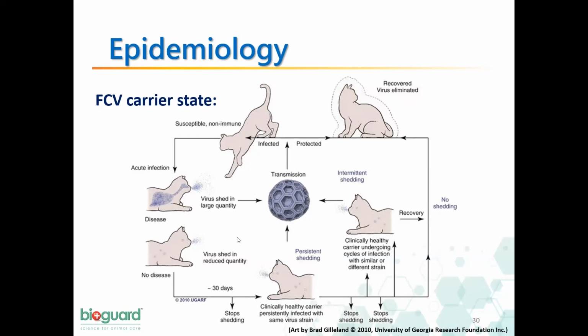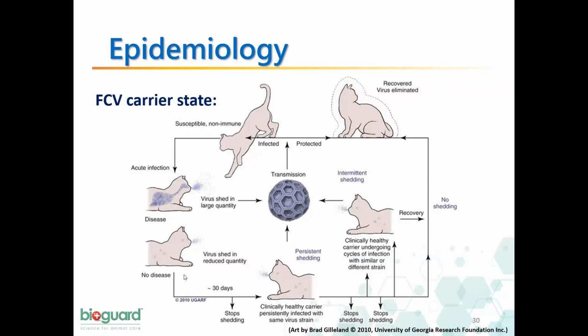If we look at the carrier stages, we can start from when a healthy cat is infected by the virus for the first time. Then there is the acute infection, where the virus enters the cat and starts shedding after replicating in the host. The shedding is in very large quantity.